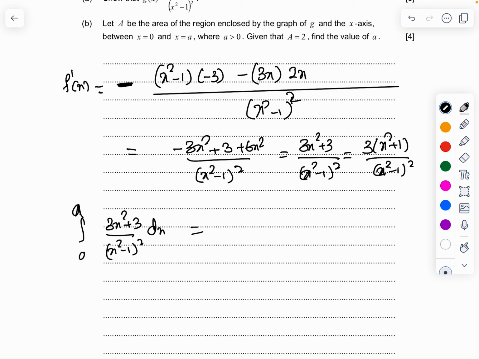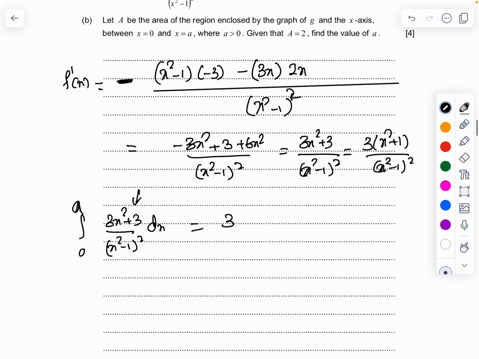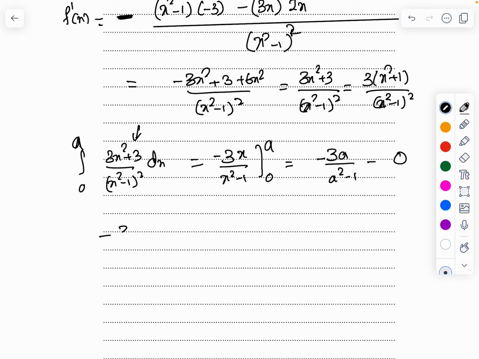The integral of this is going to be f of x itself, so it will be 3x minus 3x upon x squared minus 1 from 0 to a. Which is nothing but minus 3a upon a squared minus 1 minus 0. So negative 3a upon a squared minus 1 should equal 2.